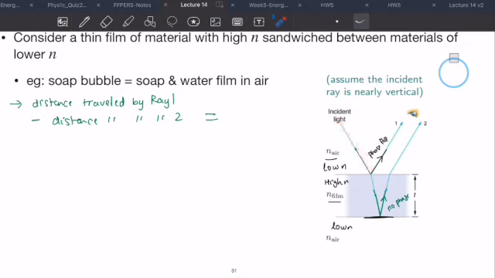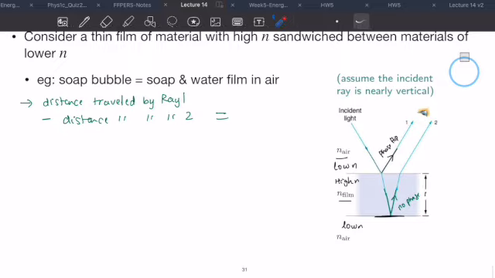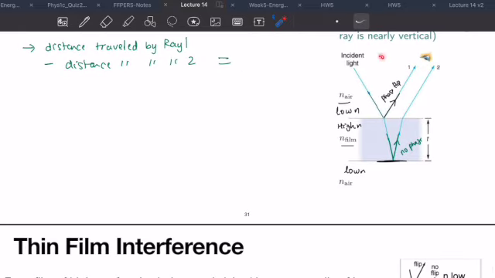Well, ray 1 comes in here, goes out. Ray 2 also comes in here, travels this extra distance, and comes out. So it's just this extra distance that ray 2 travels that we need to account for. When we're doing these problems, we're assuming that the incident light is nearly vertical, not quite vertical, but almost vertical.